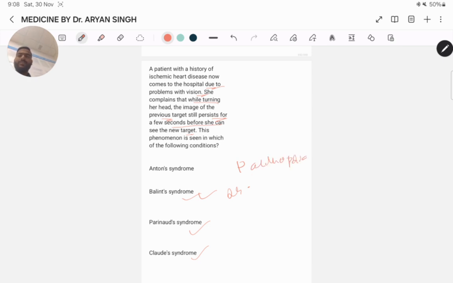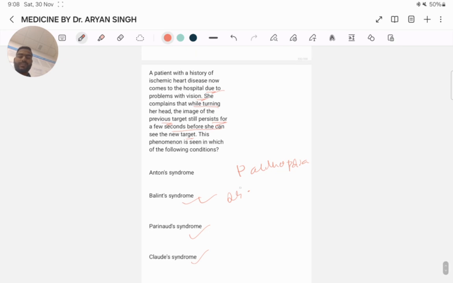palinopsia. It is seen in Balint syndrome. Balint syndrome results due to low flow in the watershed areas of the distal PCA and MCA territories.